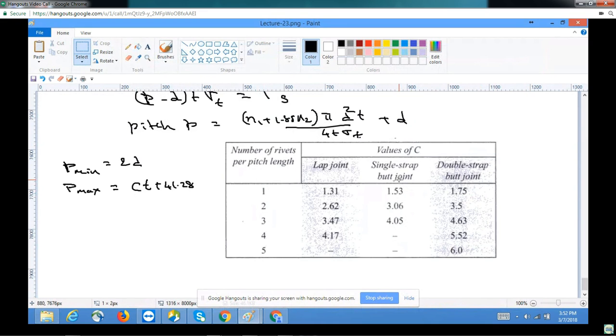And if you know the thickness and the C value for a given type of joint, you add these things and you get P minimum and P maximum. So you need to make sure your pitch lies between both the things.